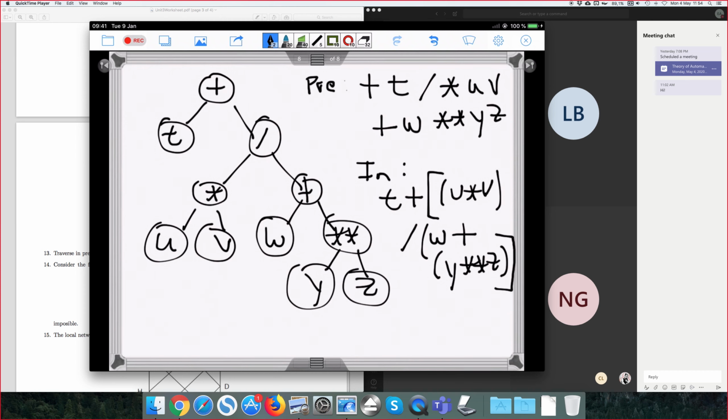Remember that in in-order we need brackets for the expression to be correct.